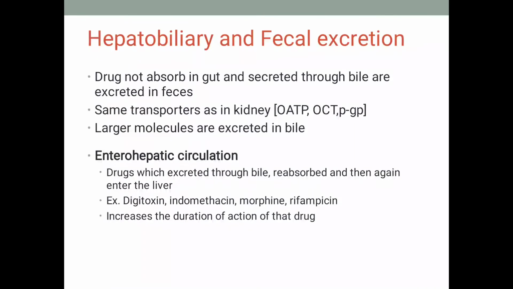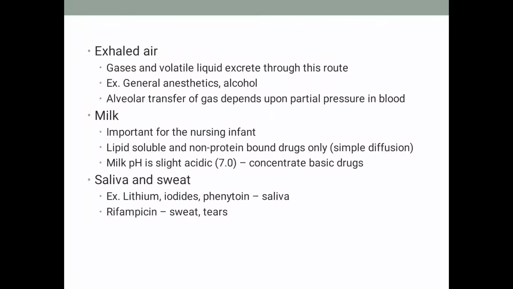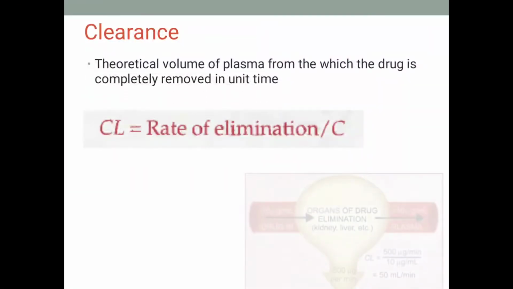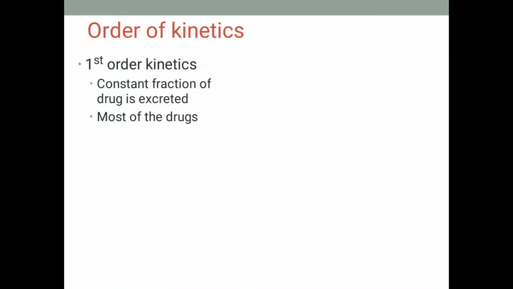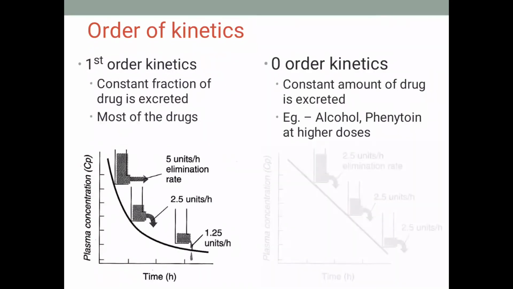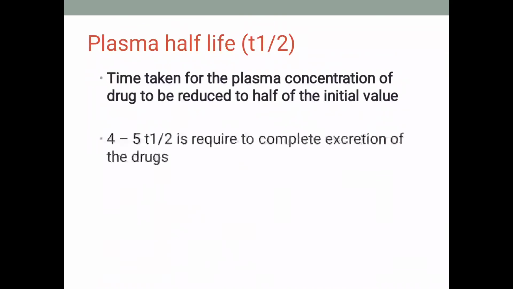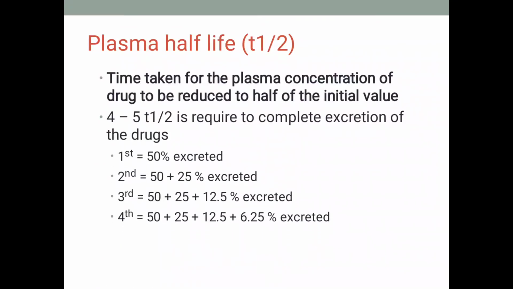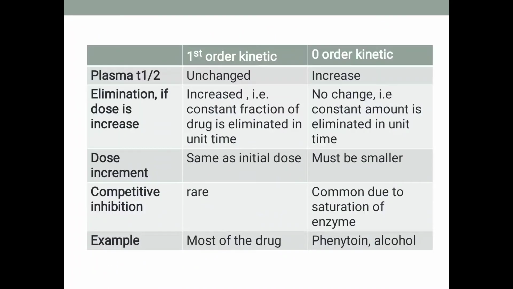Other organs from which a drug can be excreted are hepatobiliary, renal, milk, saliva, sweat. Then short questions like what is kinetics of elimination, what is clearance, the formula of clearance, what is zero order kinetics, what is first order kinetics, meaning constant fraction, while zero order means a constant amount is eliminated. What is half life, how much time is required for complete excretion of a drug, meaning 4 to 5 half lives are required for complete excretion of the drug from the body.